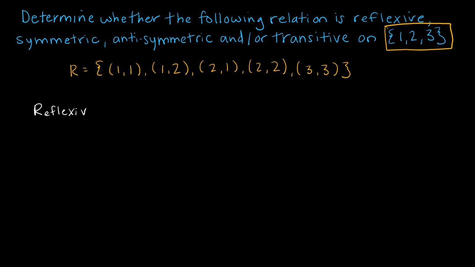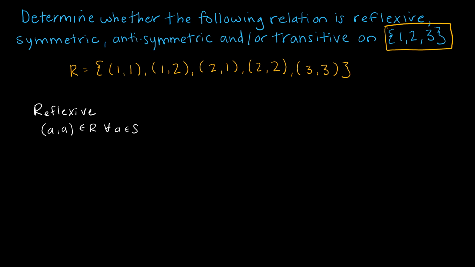And remember, the reflexive property says A comma A, that was the wrong set bracket. I just need A comma A is in R, essentially for all A's that are in the set. And so that makes it pretty easy to check.